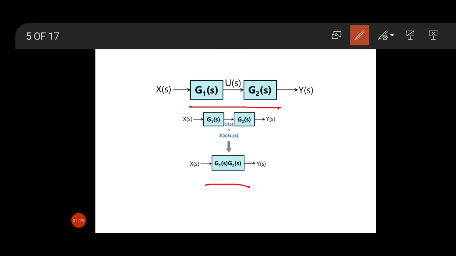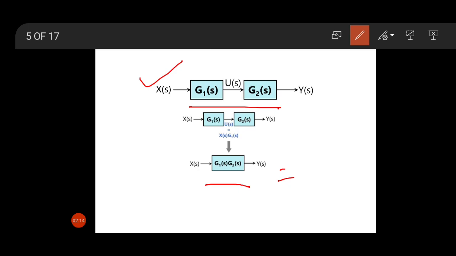As X is the input signal here, it is multiplied with the gain of the block, and the output is X into G1 into G2. Now come to this structure. Here the input signal is X and it goes to a block having gain G1.